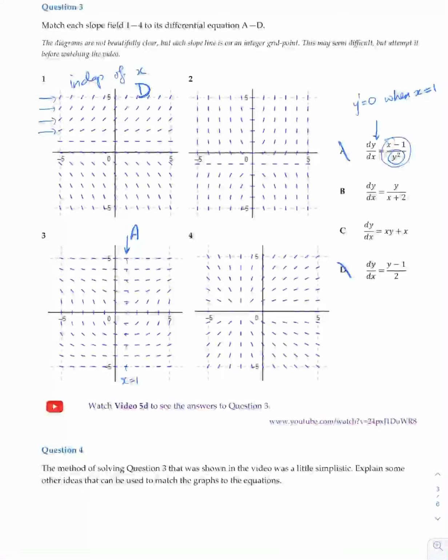Looking at the next ones, what can I observe? Well, this sticks out to me. What I'm observing is that y dash is infinity. I mean, it's really undefined, when x equals -1, and I can't see a denominator here, so now I'm going to look at this one.